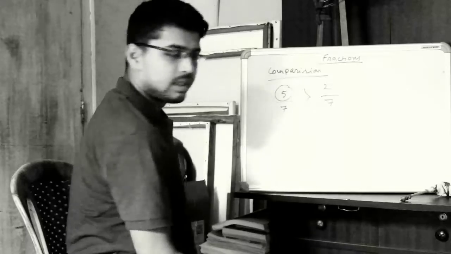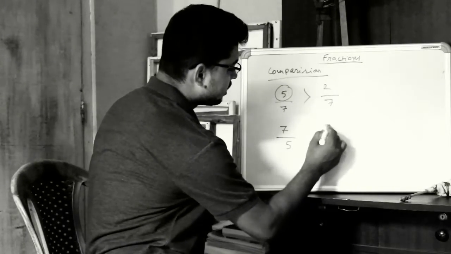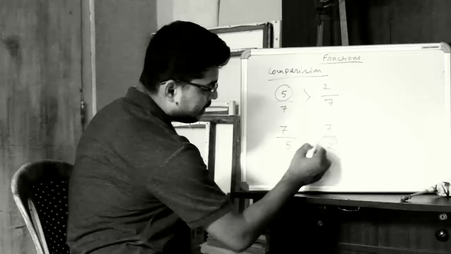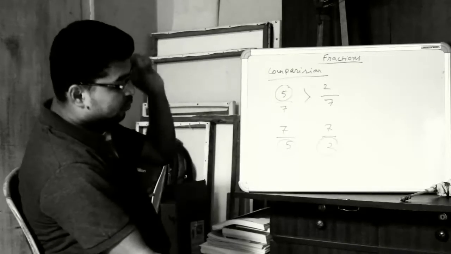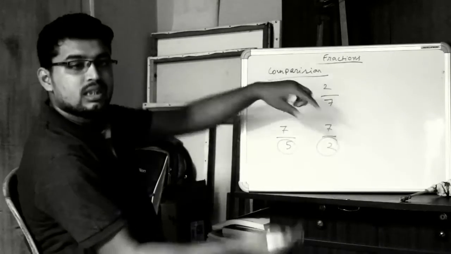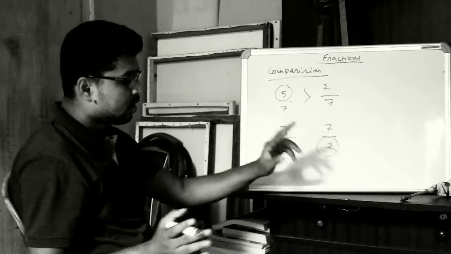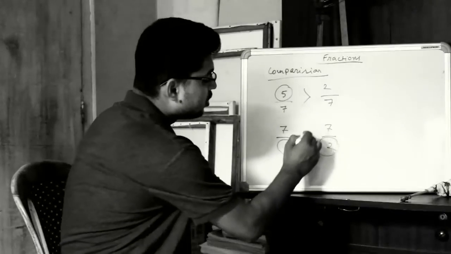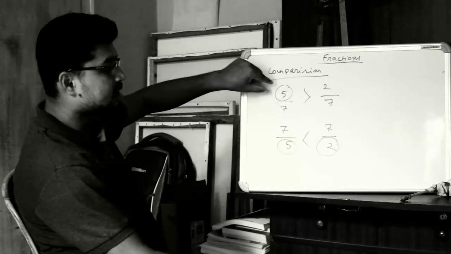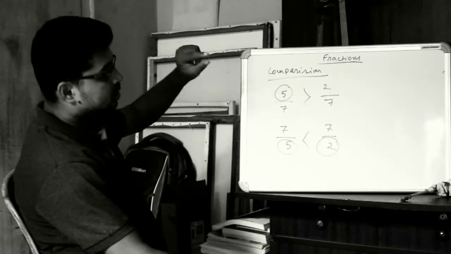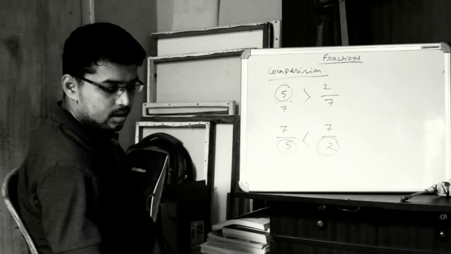For the same numerator, see the lowest denominator. The lowest denominator is 2, so this fraction is bigger. For the same denominator, see the highest numerator. So this 5 is bigger, so this fraction is bigger. So this is the comparison.